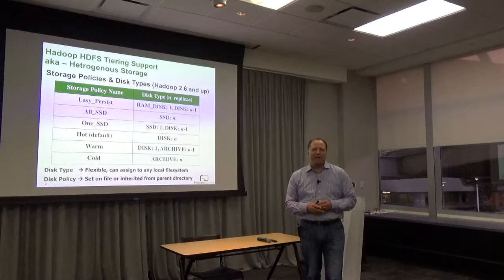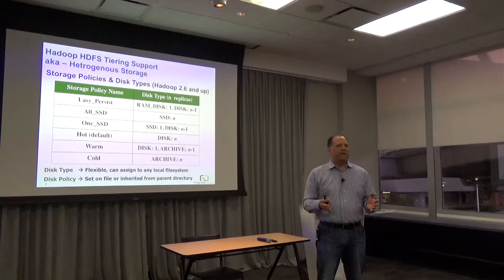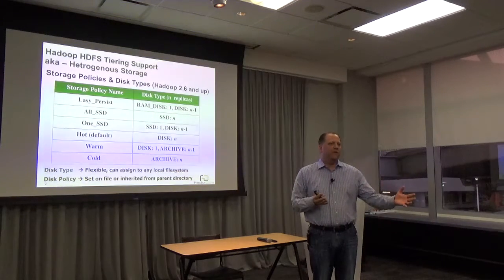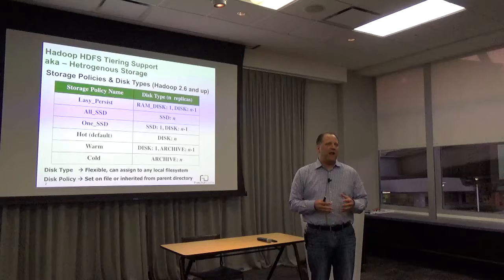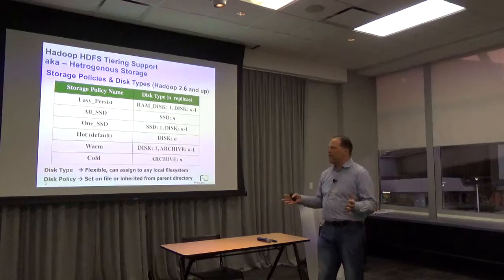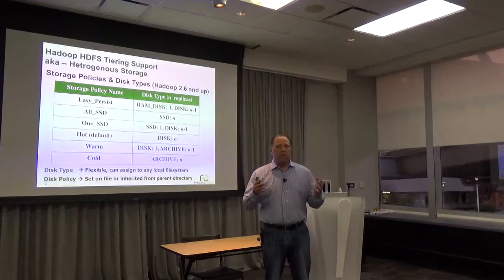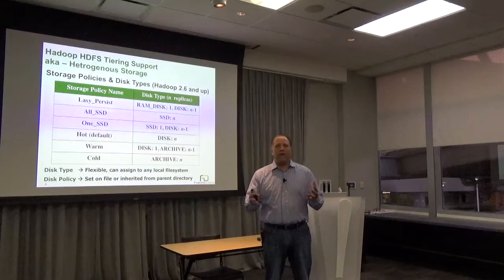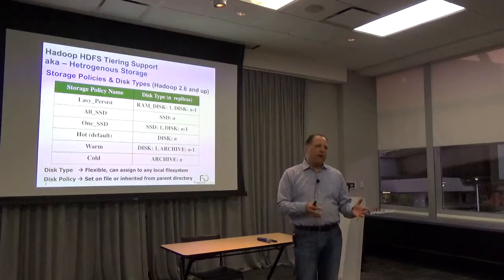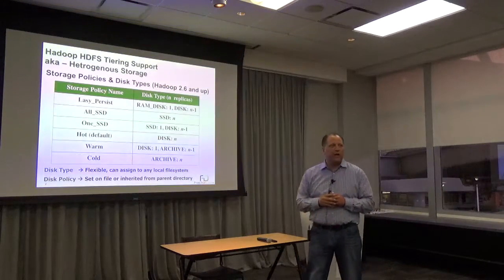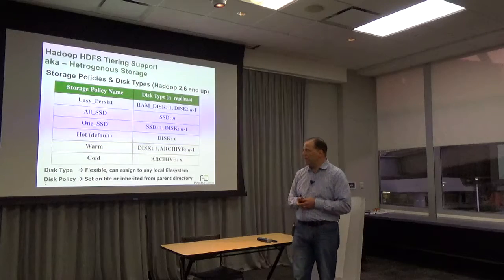A lot of you have heterogeneous environments because they're mature environments, and you've had different types of servers come in and out of the cluster. So a lot of you have heterogeneous infrastructure, but how can you best use that infrastructure? How can you get the right data on the right infrastructure in these clusters that you have? That's what we're going to cover today with this talk.